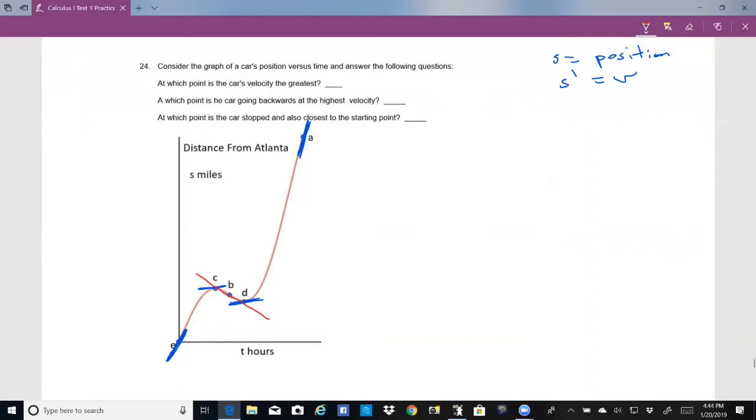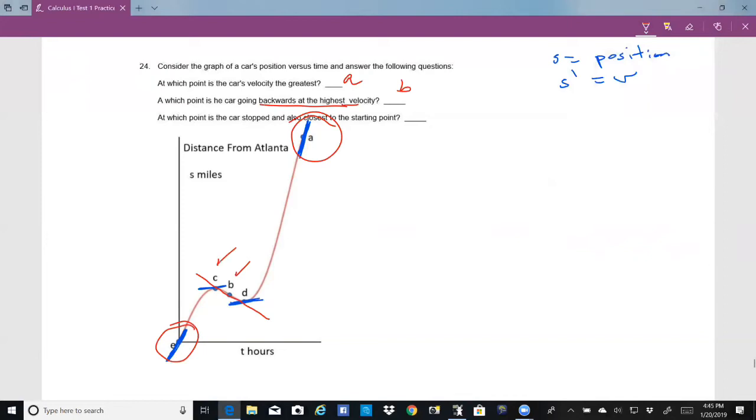So now to look at this, the slope at A is greater than the slope at E. So it's going fastest at point A. At point B, it's going backwards at the largest negative velocity.